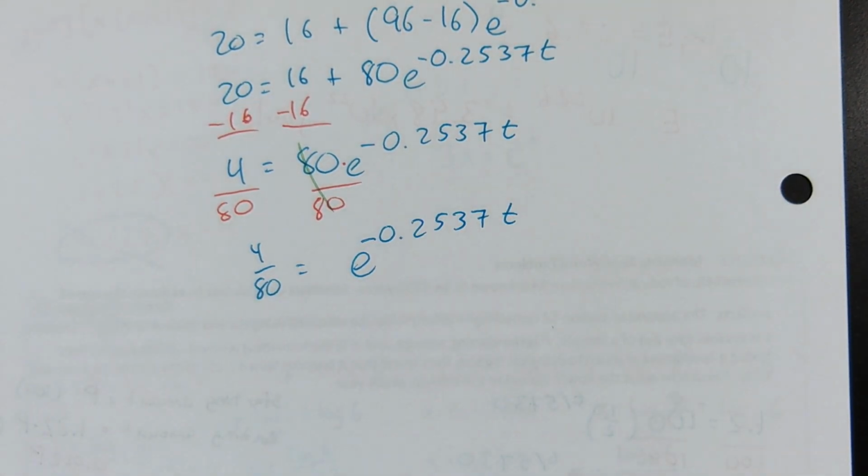So my variable t is hanging out above an exponential base e. Wouldn't it be great if that e wasn't there? What am I going to use to cancel e? What cancels exponential base e? ln. The natural log. The reason is that ln is log base e.